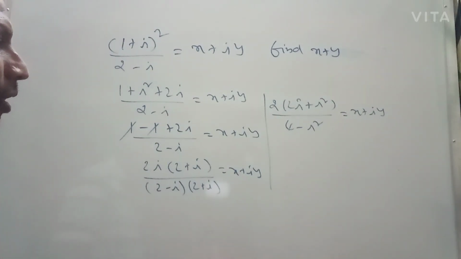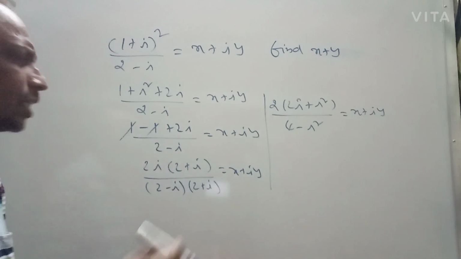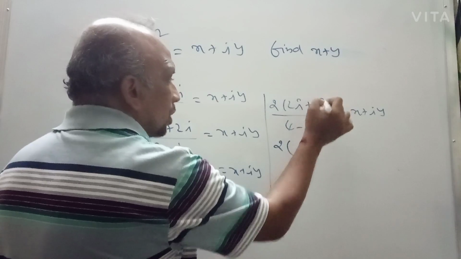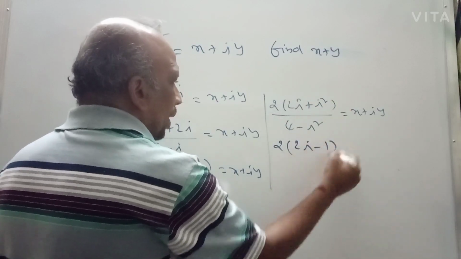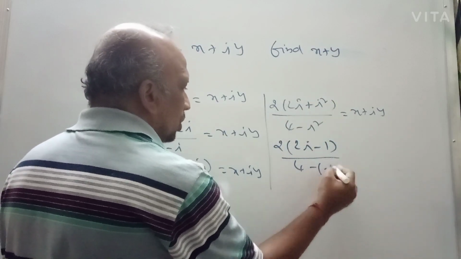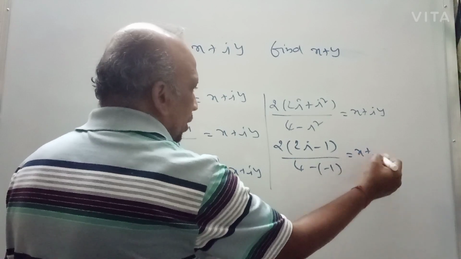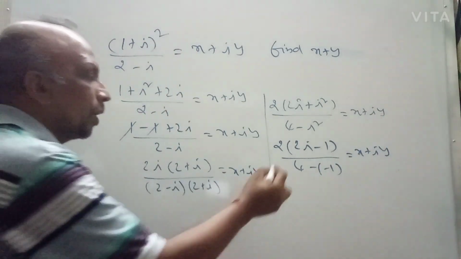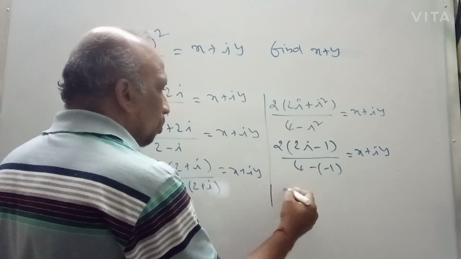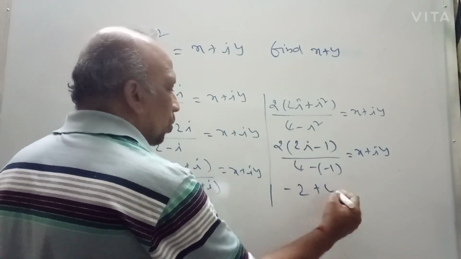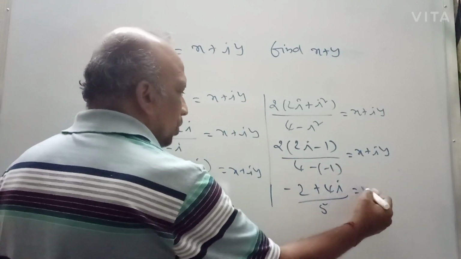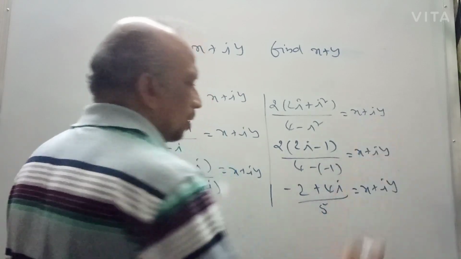Then you can consider this one. i square is minus 1. Again, 2 into, I can write i square is minus 1 here, 2i minus 1 by 4 minus of minus 1 equal to x plus iy. I am simplifying this. You will get minus 2 plus 4i by 4 plus 1, 5, which is equal to x plus iy.